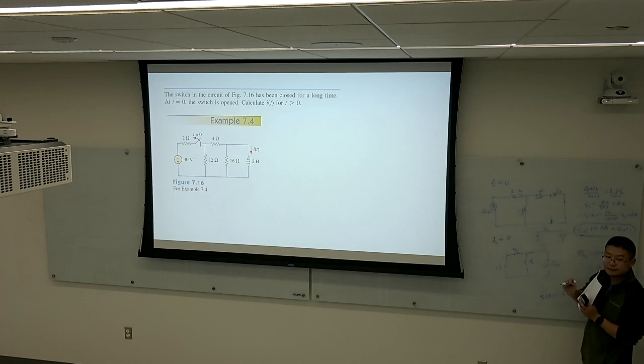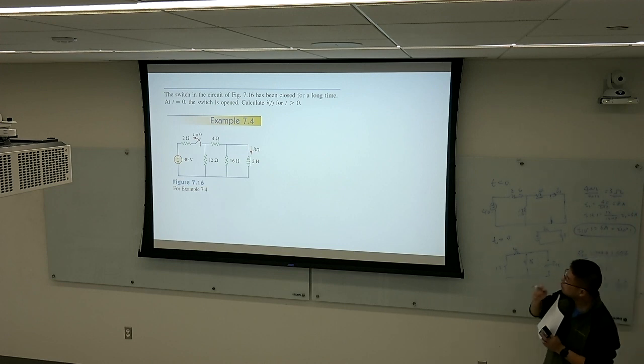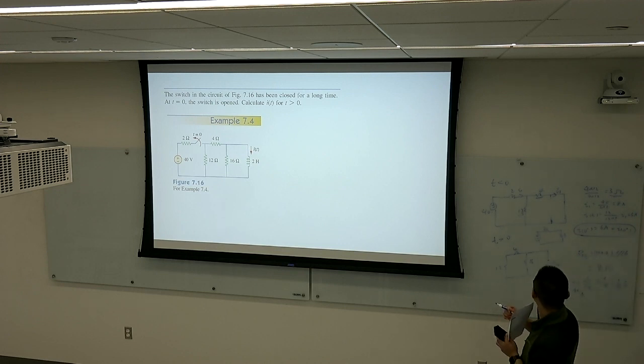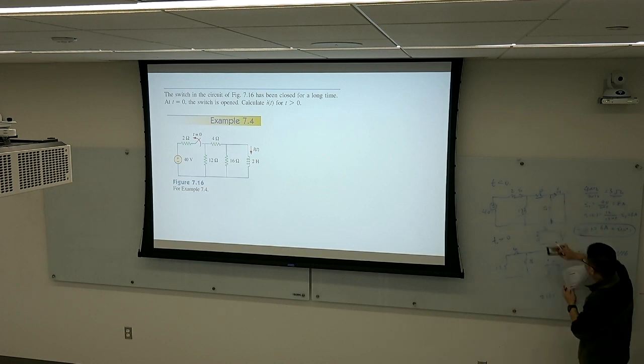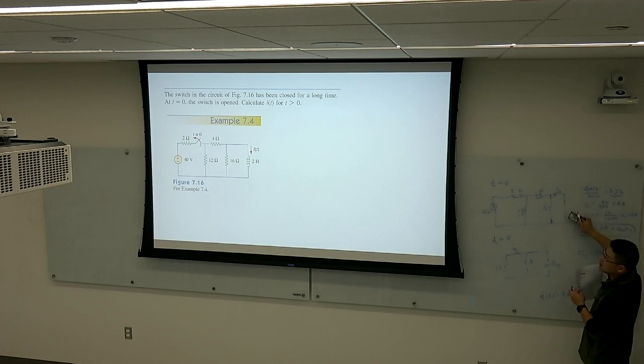Quick question, why does the 16 ohm go away? Why don't you use that? Yes, this 16 goes away because this is short circuit. So this resistor has been short circuited, so no current will flow on this resistor. Okay, that makes sense.